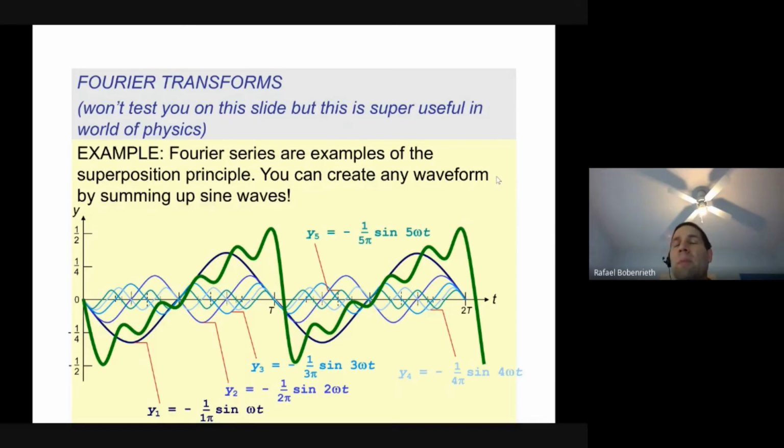Equally powerful, if I am given a complex wave like this green wave, I can work in reverse and say, this complex wave actually is the summation of these five different waves, with this frequency and this amplitude on each of the waves. That is incredibly powerful in the world of science.